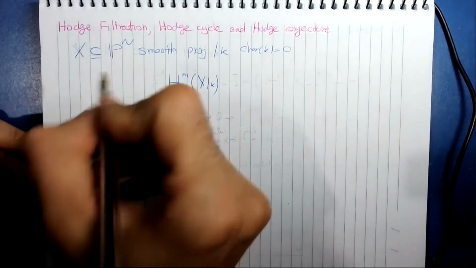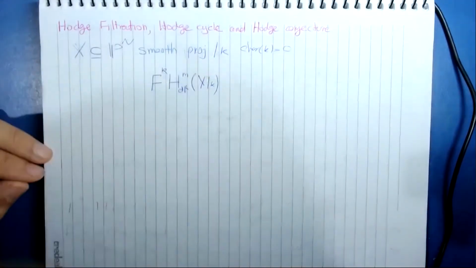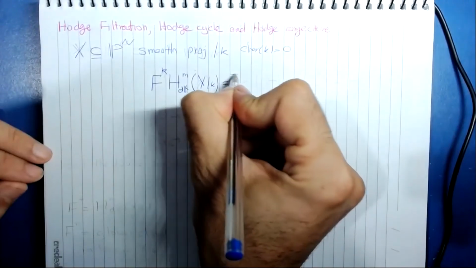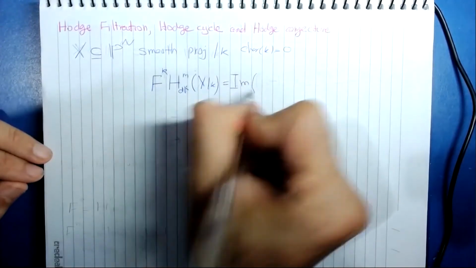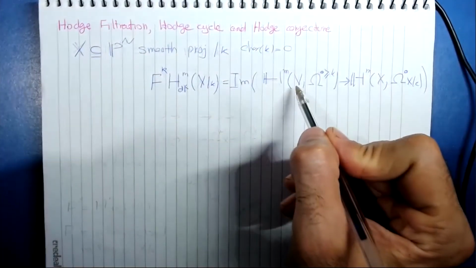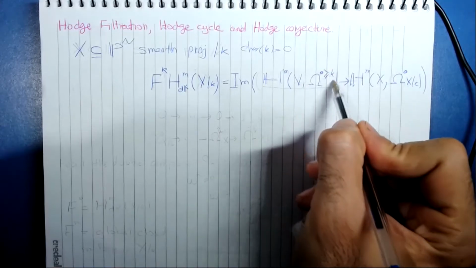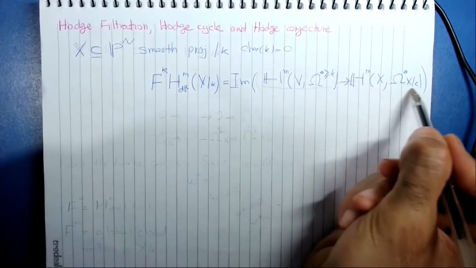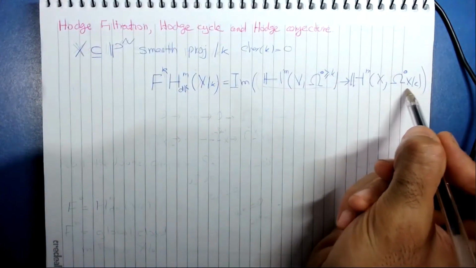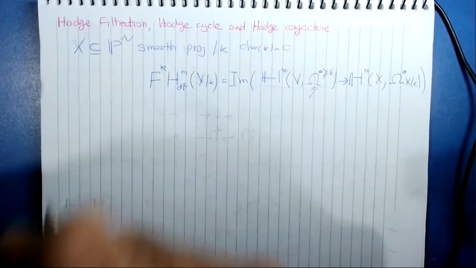And what is this filtration? Its pieces, F^k, are given by the image of the hyperhomology of this truncated complex inside the hyperhomology of the full complex of differential forms. So what is this truncated complex?